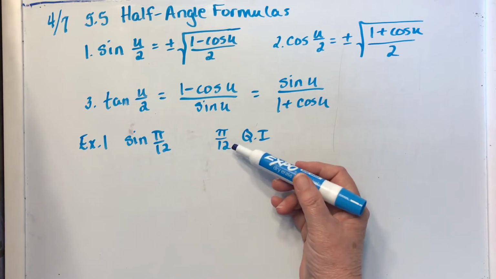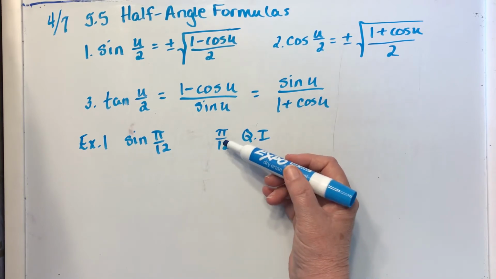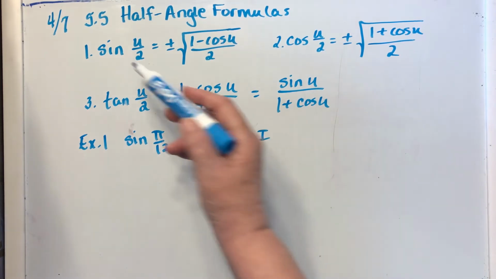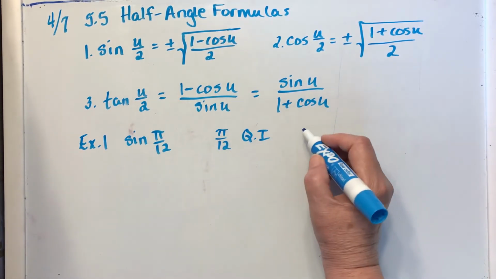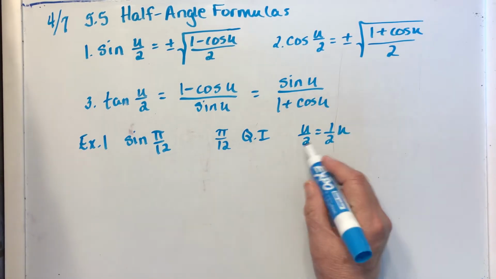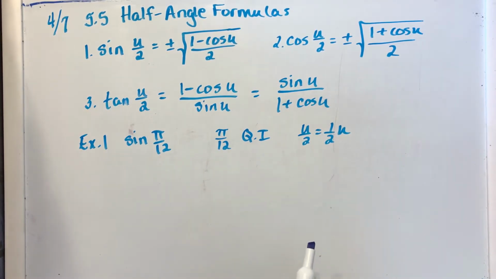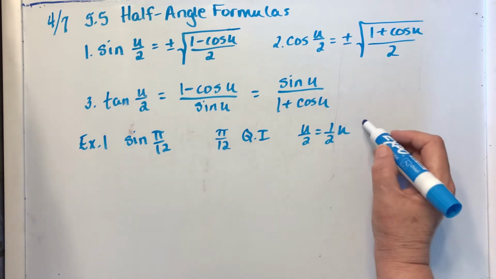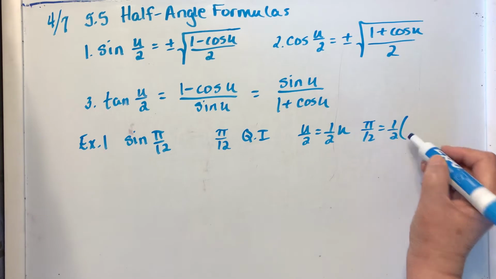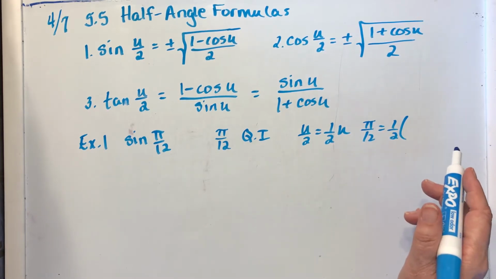Another thing we need to think about is pi over 12 can be written as 1/2 of what angle? Because that's what the sine of u over 2 means. U over 2 means 1/2 of u. Those are equivalent statements. So pi over 12 is 1/2 of what angle? Well, it's actually very simple to figure this out.